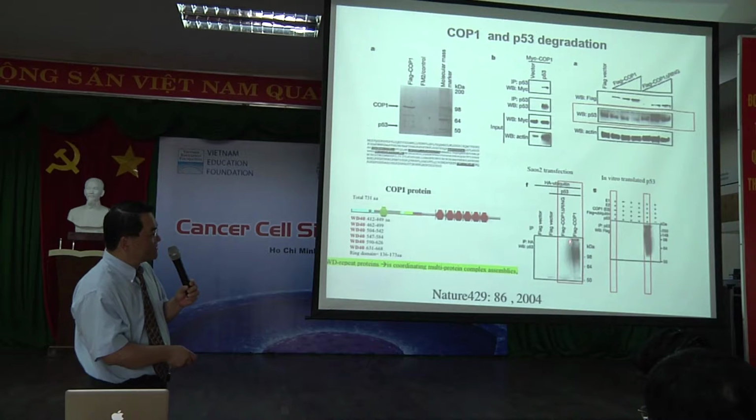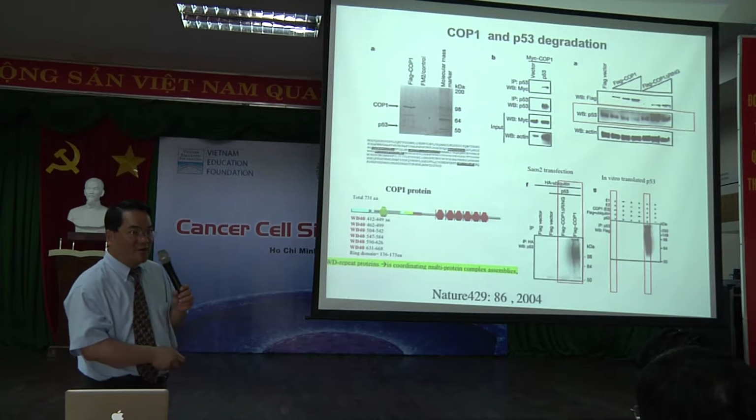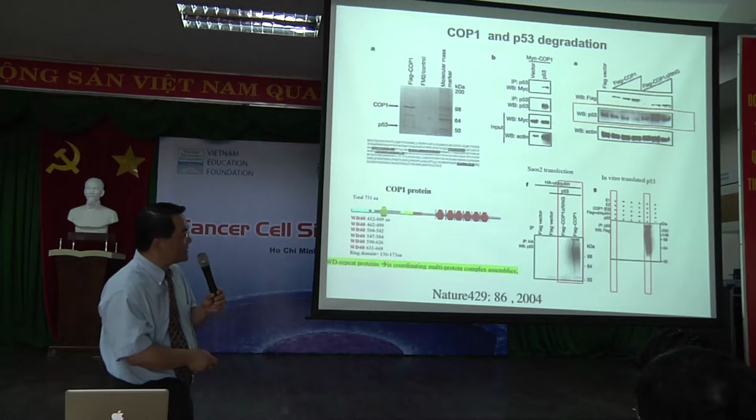The P53 ubiquitination is shown here because of the COP1 presence. But if you transfect the cell with the COP1 delta ring, meaning wipe out the ring domain, P53 ubiquitination disappears. It is no longer able to get ubiquitinated.